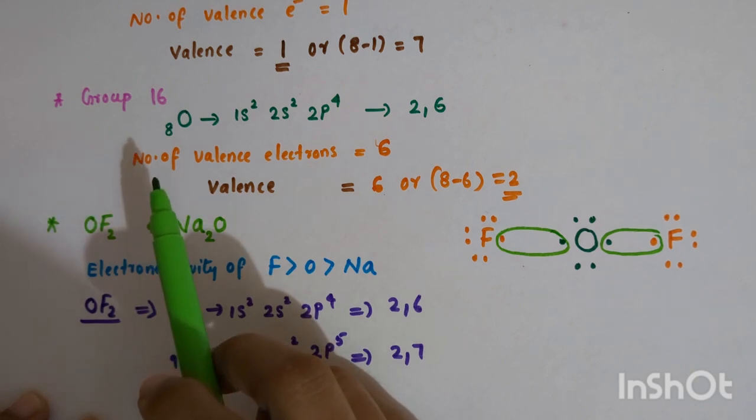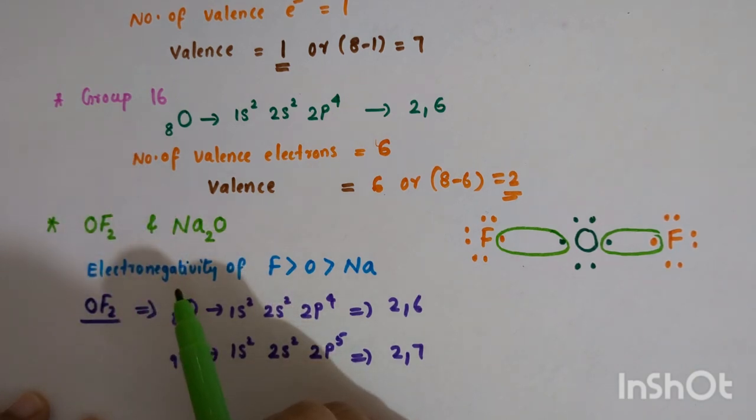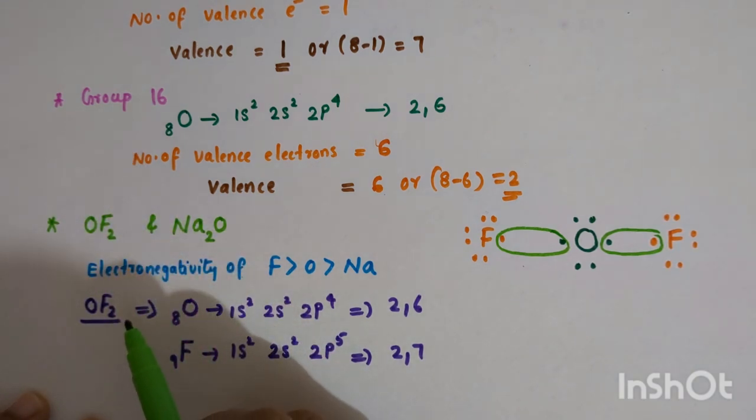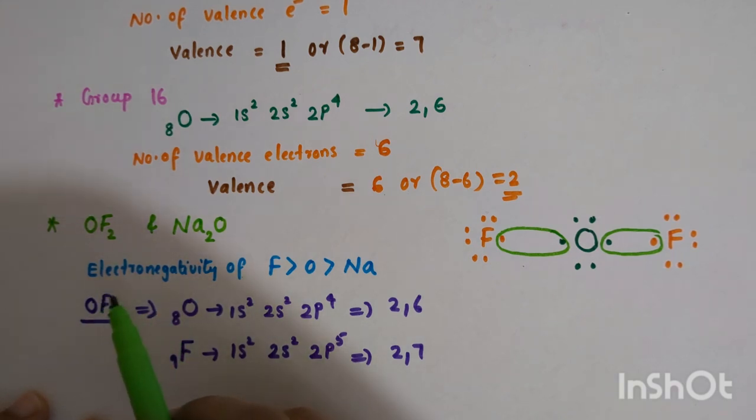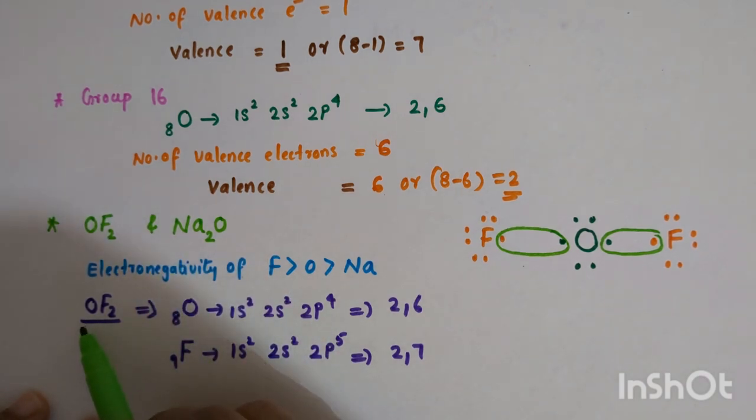Let us consider two oxygen containing compounds. One is OF2, oxygen difluoride, and the other is Na2O, sodium oxide.